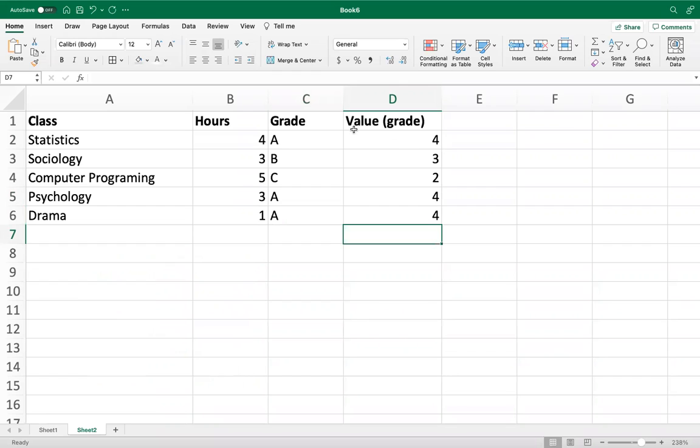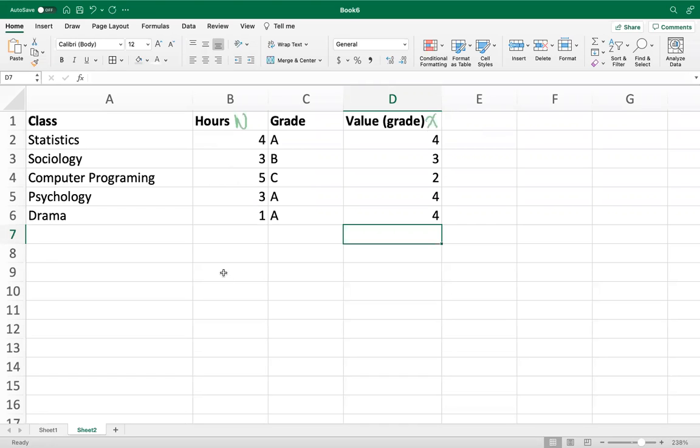So her grade point average is going to consist of her hours ending up being the weights, and the grade value ending up being X. So we could say that hours are W's, and the grade value is X, and how many hours we spent with each of those.